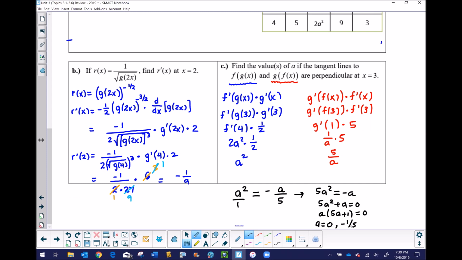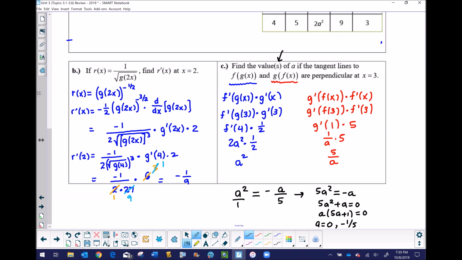The question kind of alluded to the fact that there could be more than one value of a. So I feel fairly good that there are two potential answers, and they are correct.